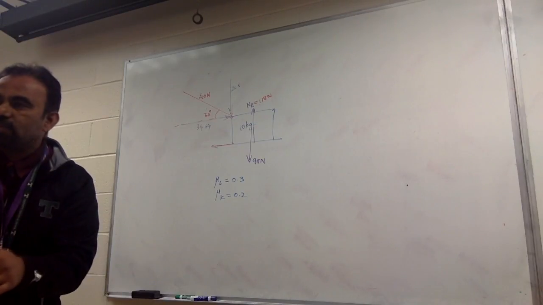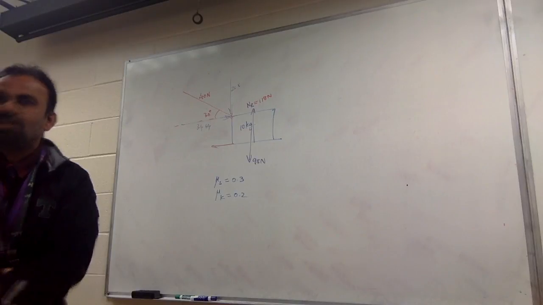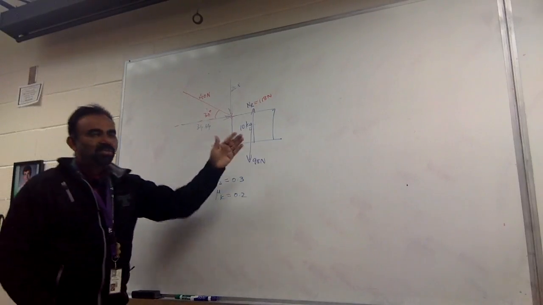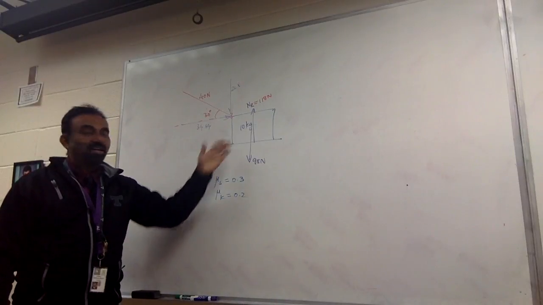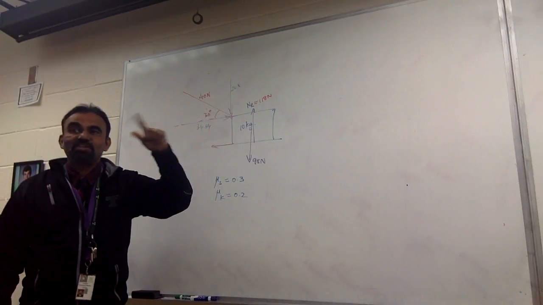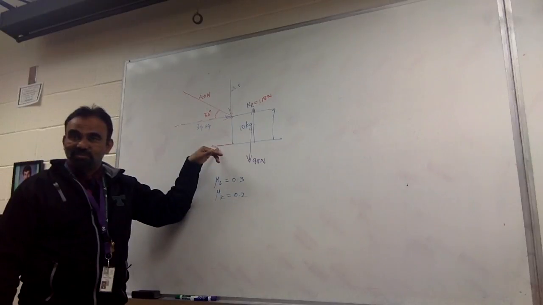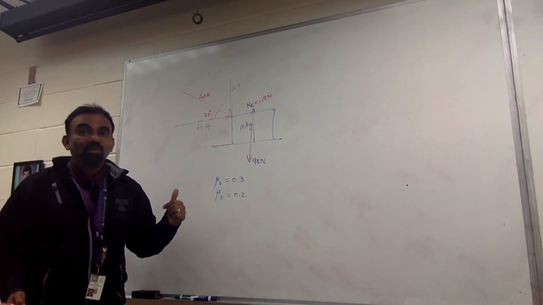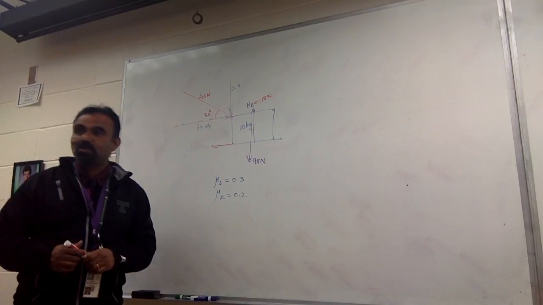Now your friend comes in and just gives it a little push, and then it starts moving. So imagine someone came and just touched it, and it started moving now. When it starts moving, what's the friction force? Initially it's not moving, and when it starts moving, how much is the friction force that you're going to fight with?